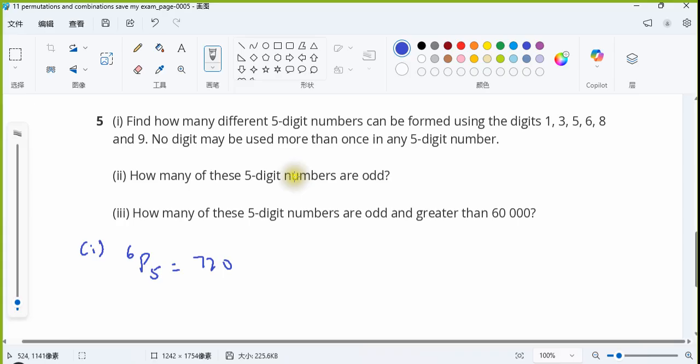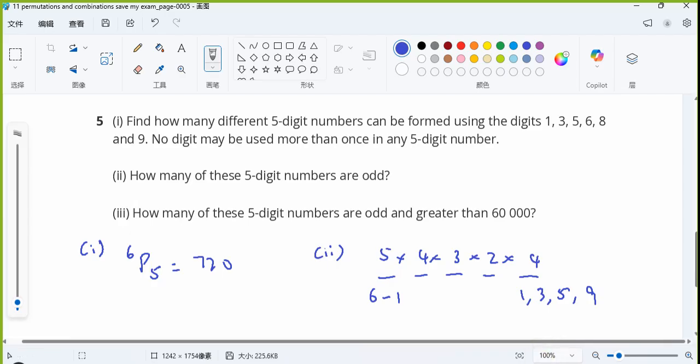Number 2, how many are odd? So for a 5-digit odd number, we must end with 1, 3, 5, or 9. So 4 choices for the last digit, then 6 minus 1, 5, 4, 3, 2.